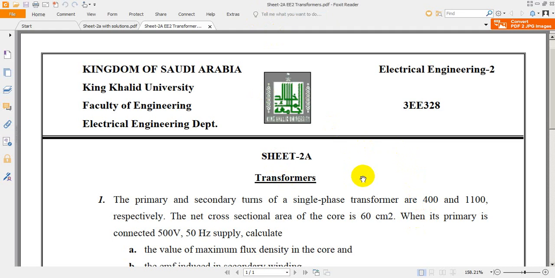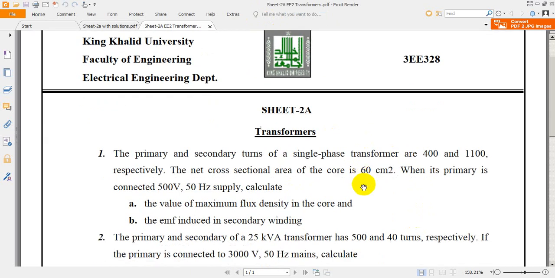To start with the first problem, we have the primary and secondary turns of a single phase transformer with 400 and 1100 turns. It means N1 is equal to 400 and N2 is equal to 1100 turns.